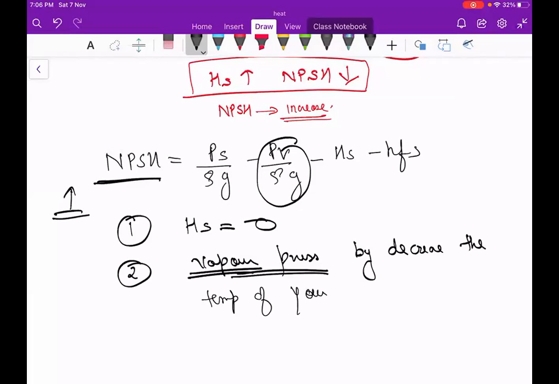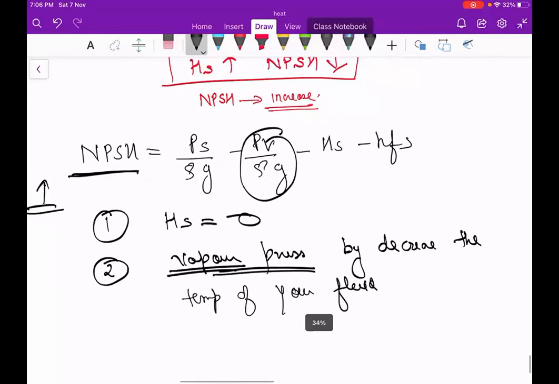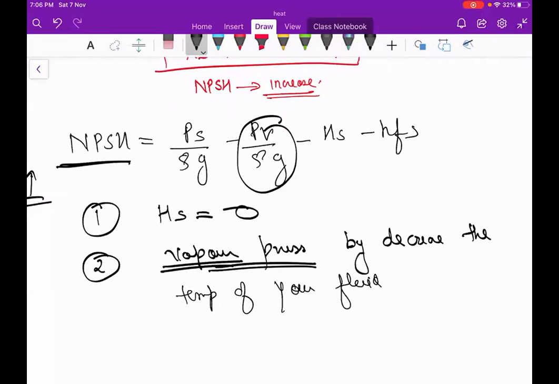Cavitation will most probably occur in the summer season, because in summer the water you are handling is at a very high temperature, so there will be chances of cavitation. So Hs can be 0, and vapor pressure can be decreased.